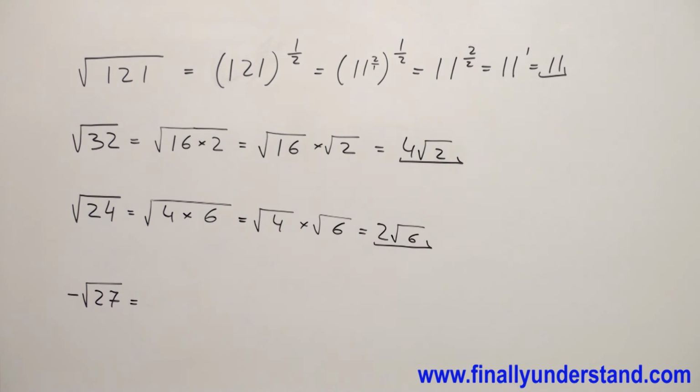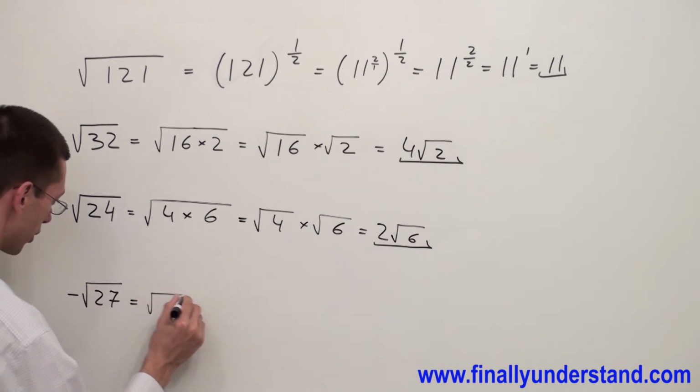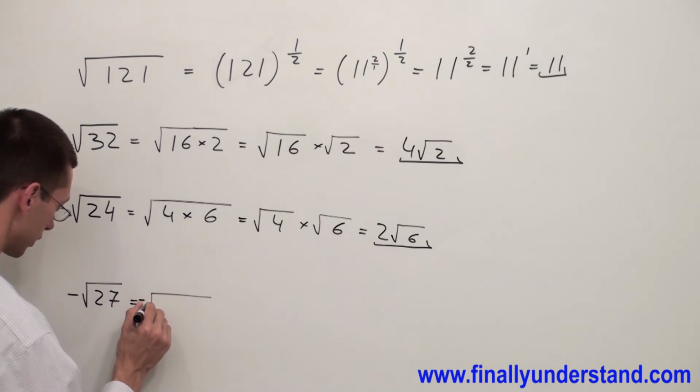Let's take a look at the fourth example. I have minus square root of 27. I do not have any whole number which raised to the second power would give me 27. So what am I going to do? I'm going to rewrite 27 as a product, remember negative, right?